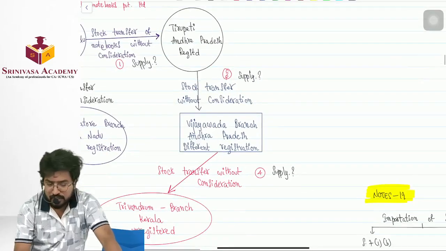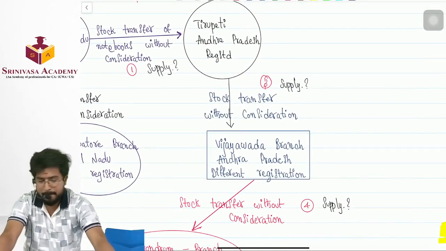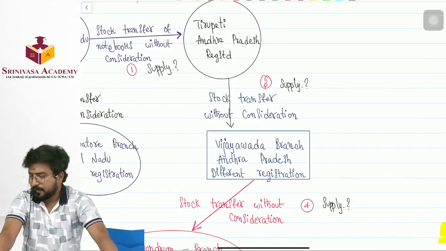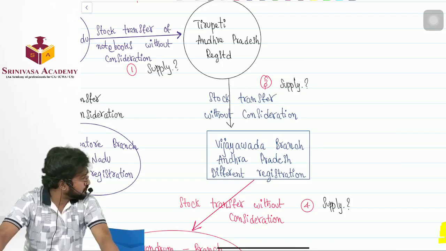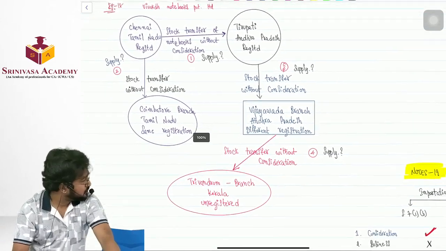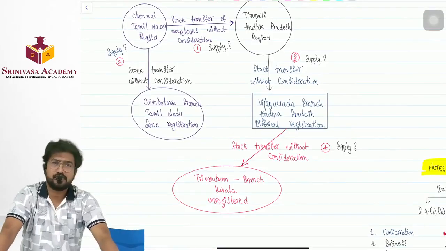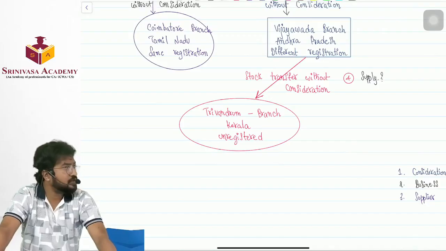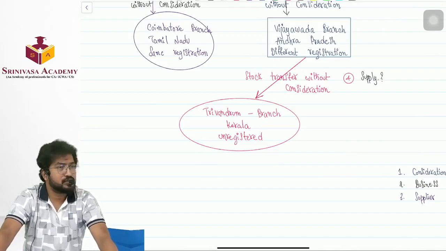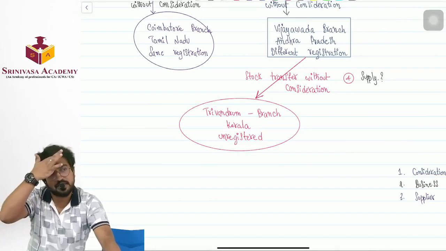Next, look at this third one. You tell me what the answer is. Supply, because there are two registrations, distinct persons, so it is supply. Here there is only one registration, but there are two states, one registered, one unregistered, so these are distinct persons, hence supply.